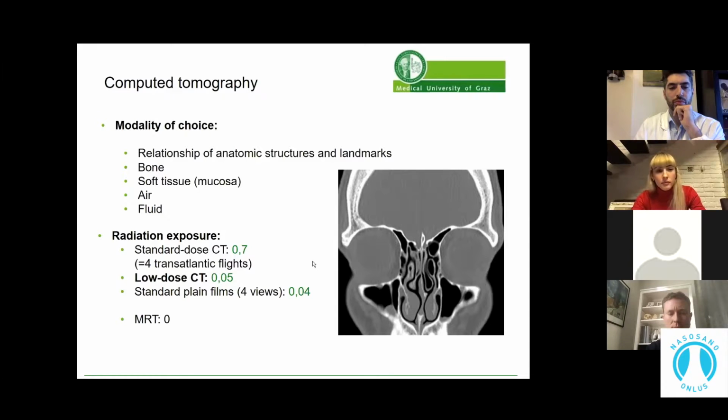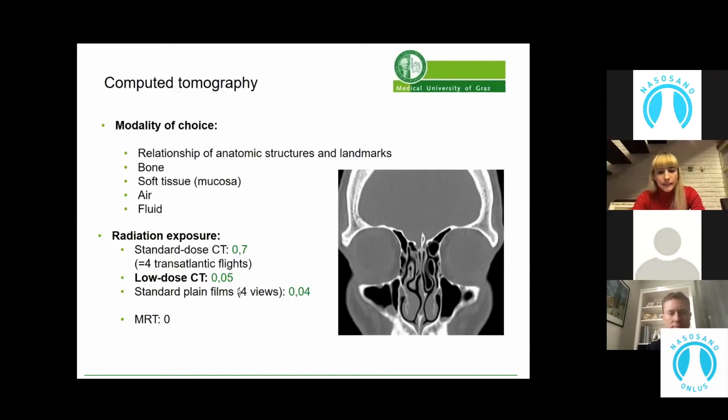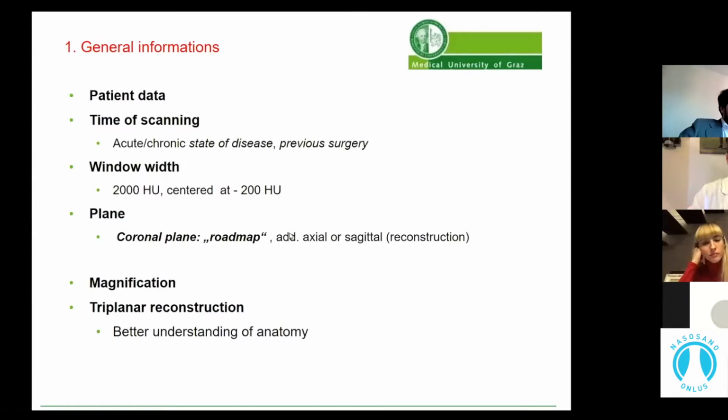Standard dose CT scans have become better over the last decades, and with low dose CT scans we have a relatively low radiation exposure to gain more information in certain anatomic areas. Of course, you should have proper magnification, which today on our computers is normally no problem. Triplanar reconstructions we don't strictly need, I use them routinely, but they can help you to understand anatomy.